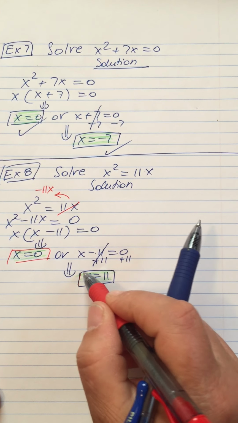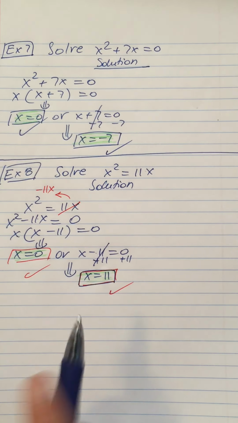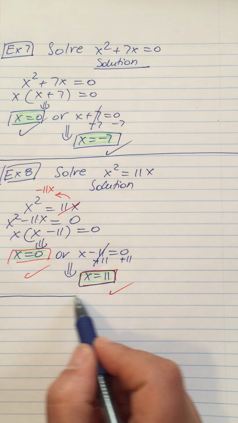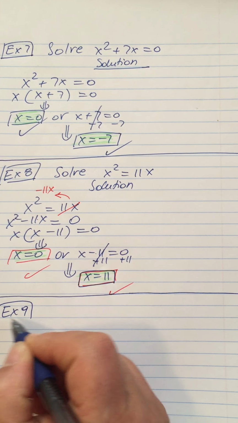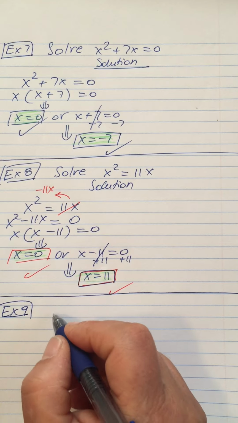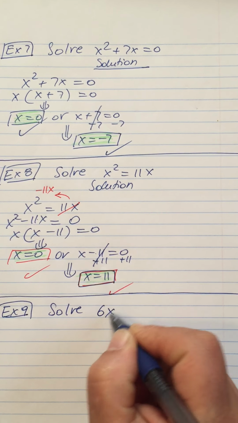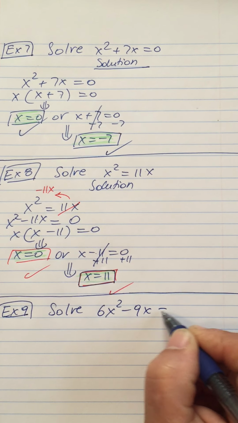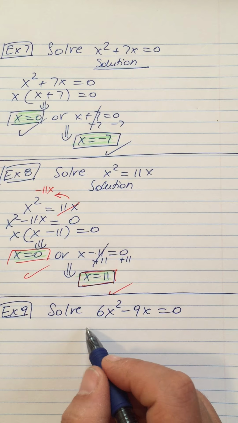Let me make this with red. So done. Example 9. Solve 6x squared minus 9x is equal to 0. So this is in the standard form, okay?